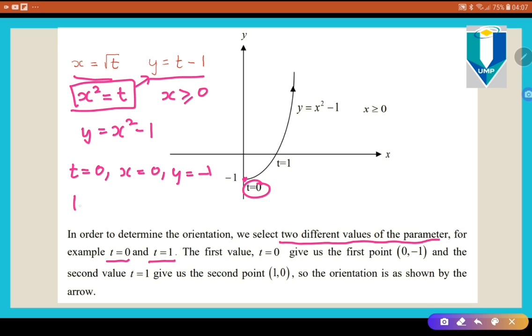When t equivalent to 1, x equivalent to square root of 1, which is 1, and y equivalent to 1 minus 1, which will give you 0. So we have the point x equivalent to 1 and y equivalent to 0. So we know that the orientation is this way because t increases in that direction. Okay.